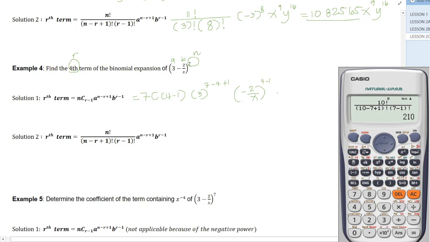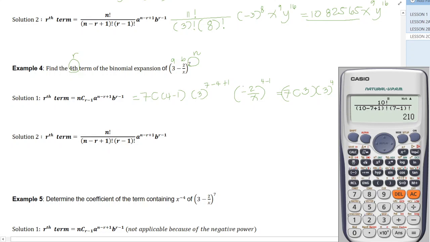If we are going to simplify that further, that is multiplied already by 3 raised to 4. Don't forget the parenthesis. That is also equal to negative 2.